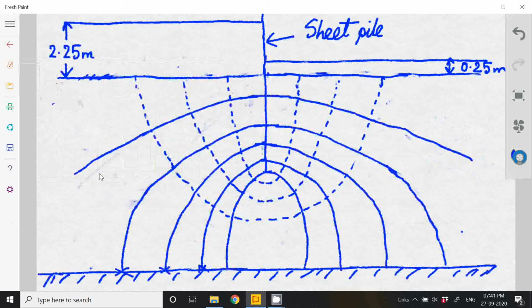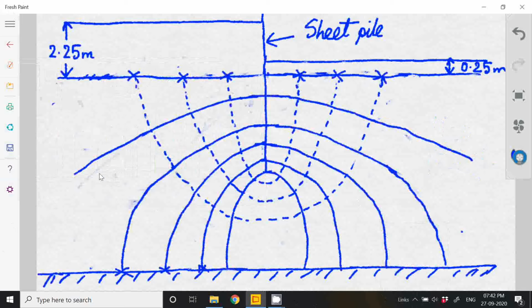And similarly, since these are flow lines, we know the beginning and the end. So there will be one flow line, maybe like one particle which is somewhere very distant on the left side.